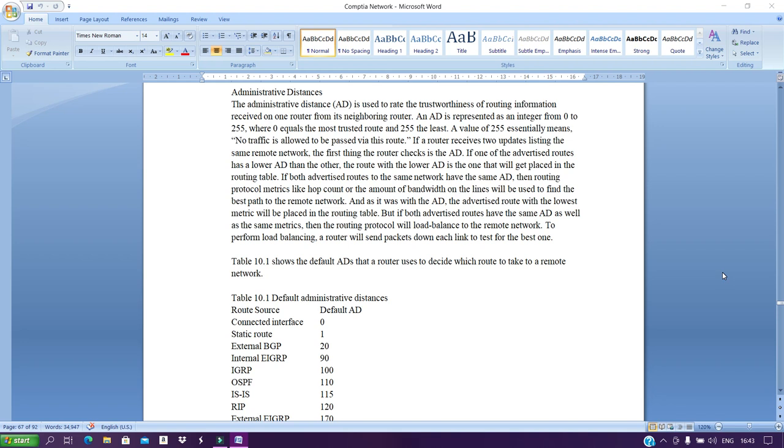If a router receives two updates listing the same remote network, the first thing the router checks is the AD. If one of the advertised routes has a lower AD than the other, the route with the lower AD is the one that will get placed in the routing table.